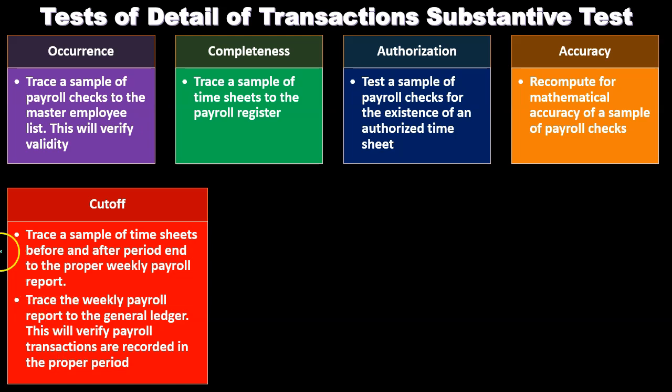So cutoff. Trace a sample of timesheets before and after period to the proper weekly payroll report. So we can think, okay, let's test the transactions before and after the cutoff date, let's say 12/31, and see if the time is being allocated properly to the proper time period.